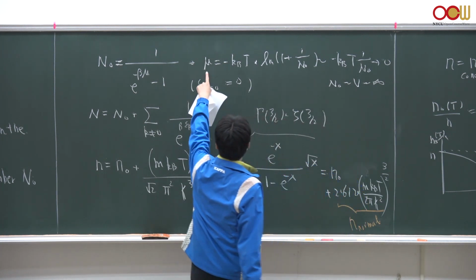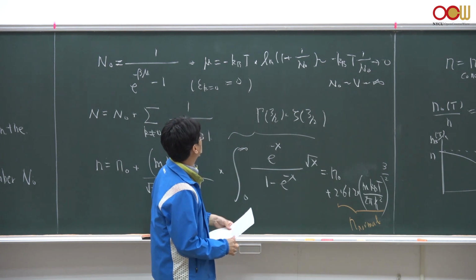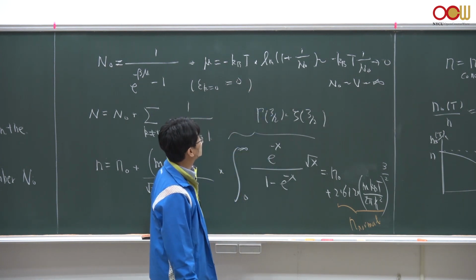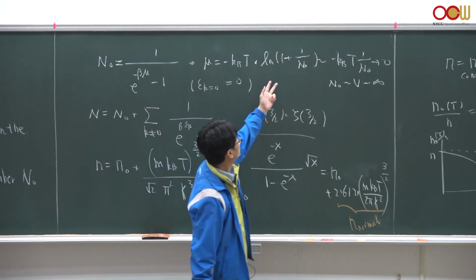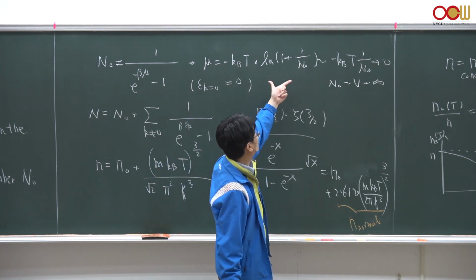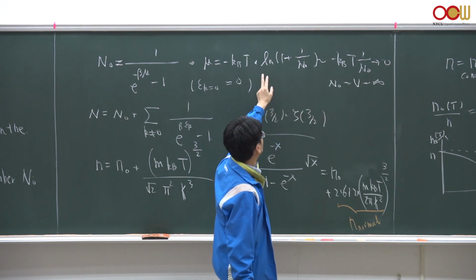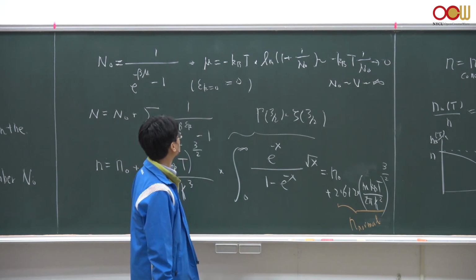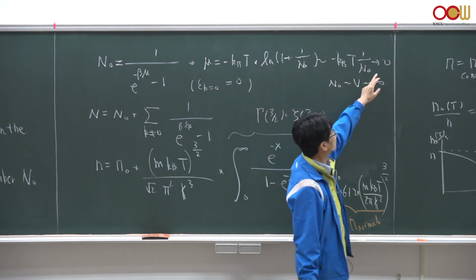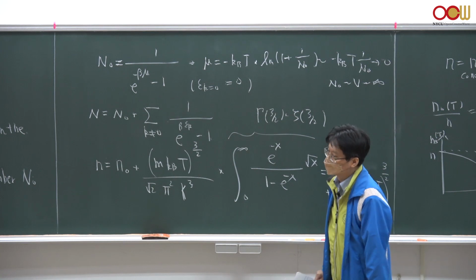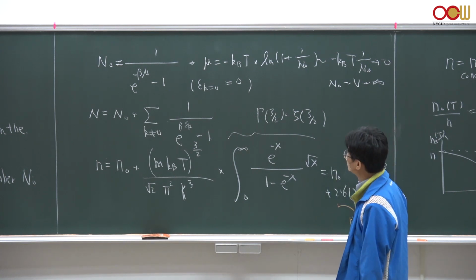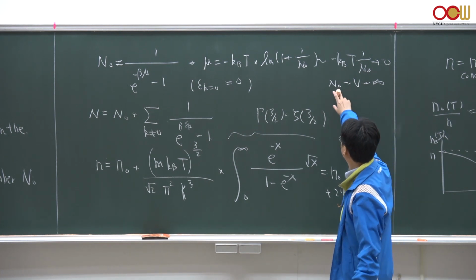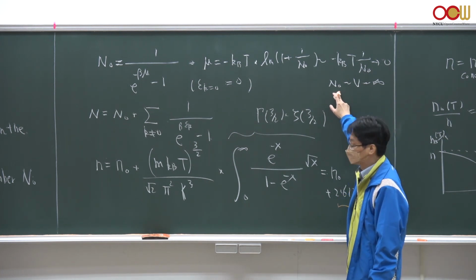Therefore, mu is given by minus k_B T times log of 1 plus 1 over N0, and you immediately see that this is satisfied if N0 approaches infinity. So mu in that limit should vanish. Right, so mu vanishes only if N0 is very, very large.